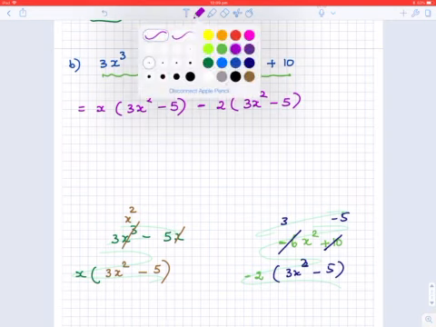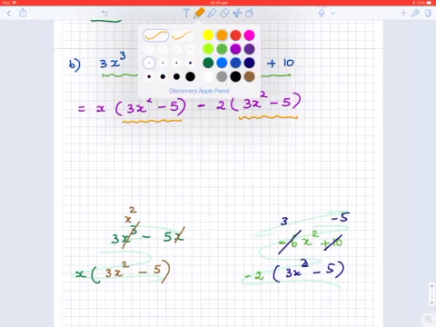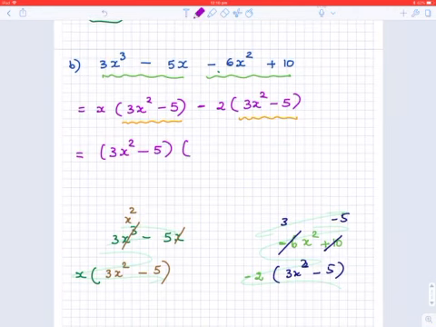Now, next line. When you look at it, this 3x squared minus 5 is common in both of them. So I'm going to take that out. When I take the 3x squared minus 5 out, what is left? I have to open the bracket.